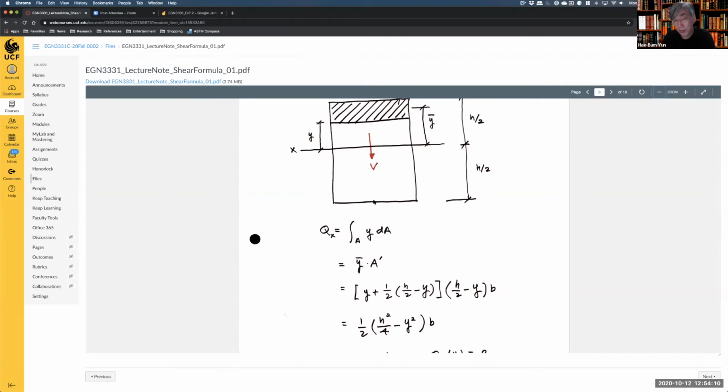How about the bottom of the beam? If you put negative h over 2 here, then Q will be 0, and if Q is 0, your tau is 0. So at the top and bottom of the beam the shear stress is 0. Then where is Q a maximum?